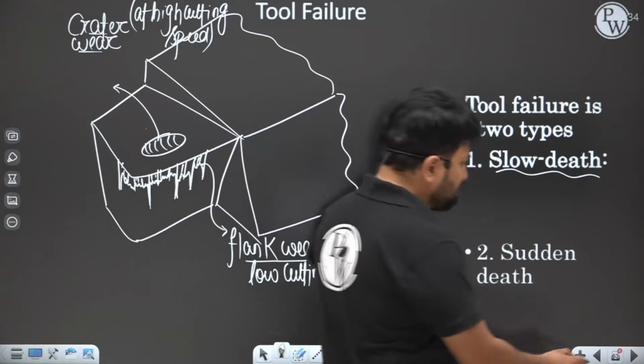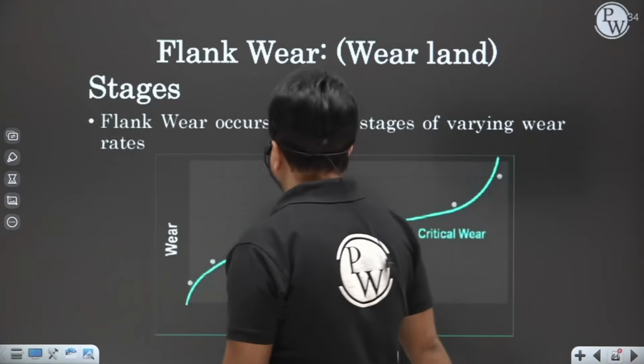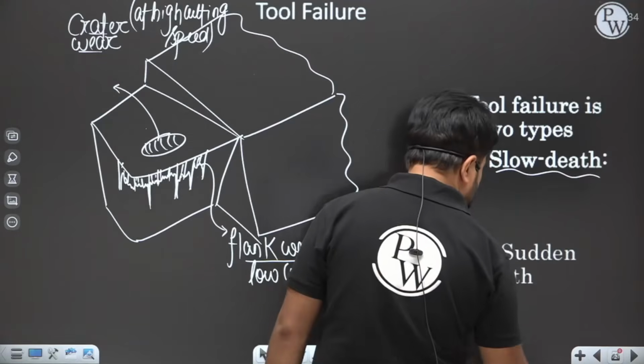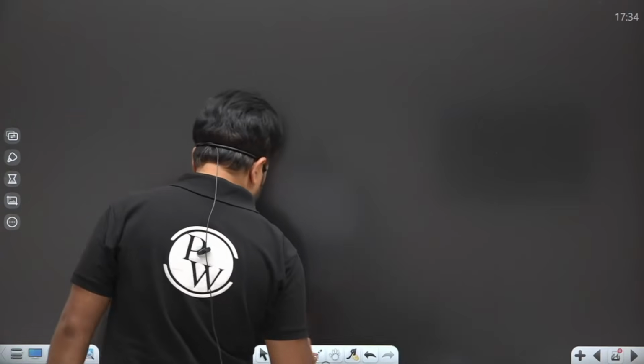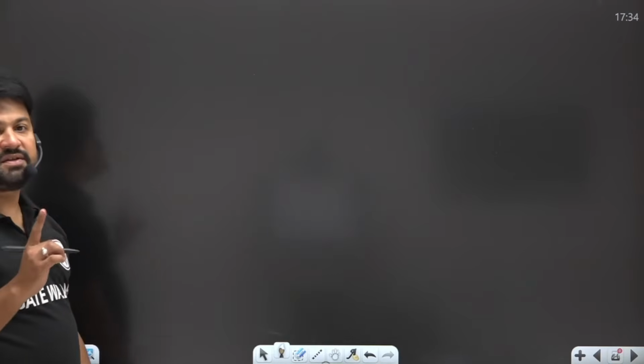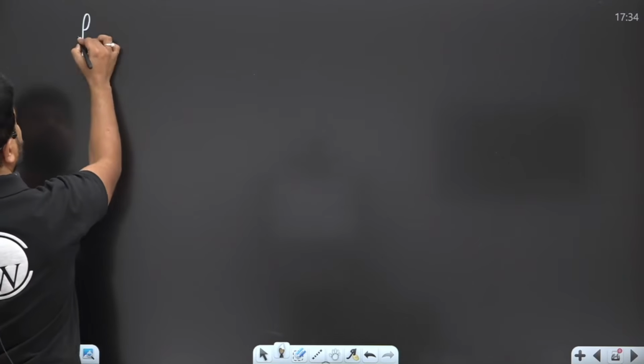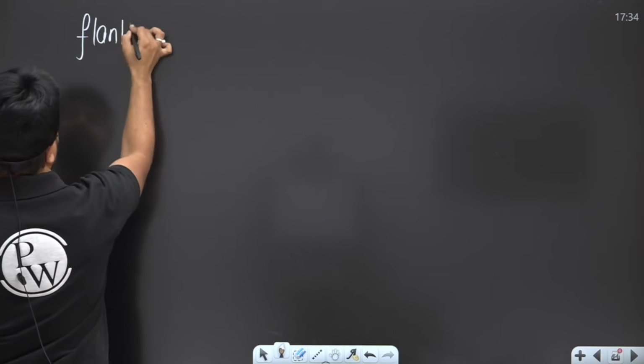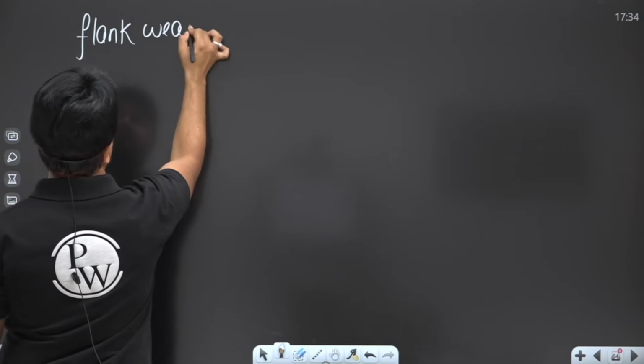So, in short, you have to remember this point: flank wear and crater wear.